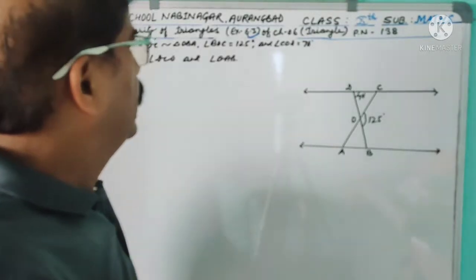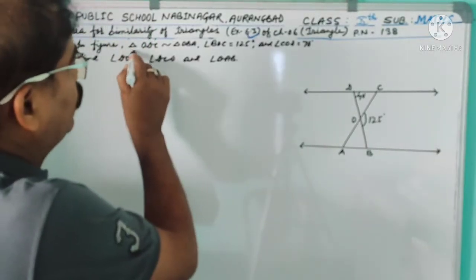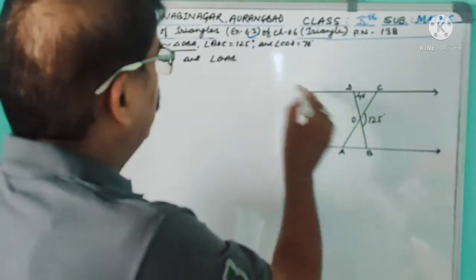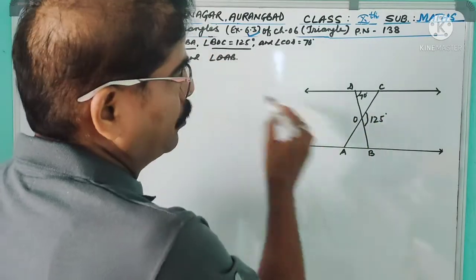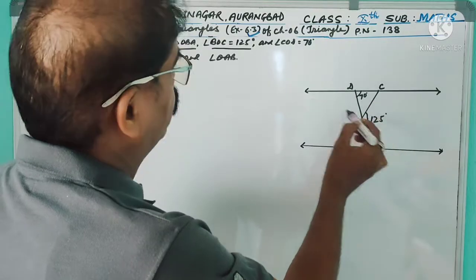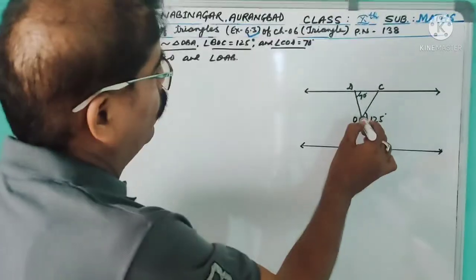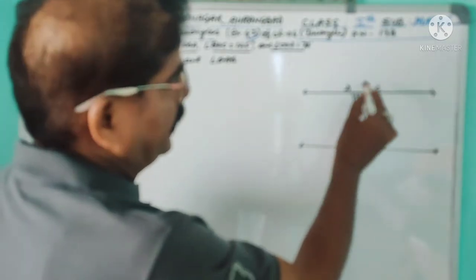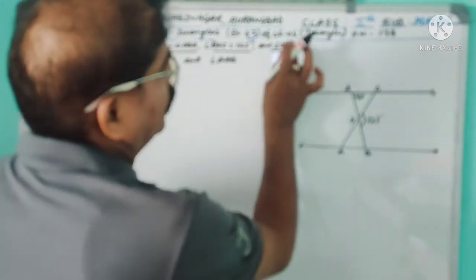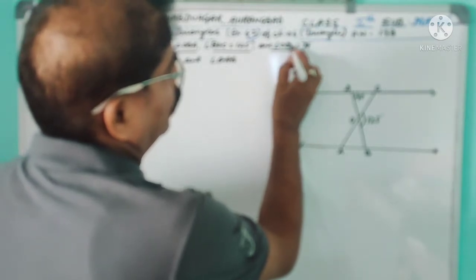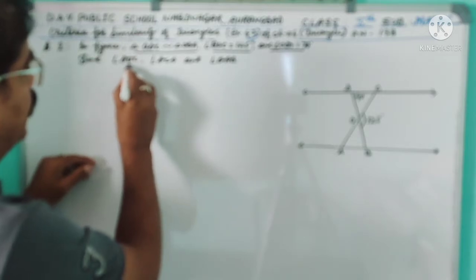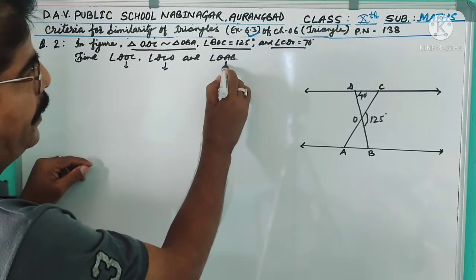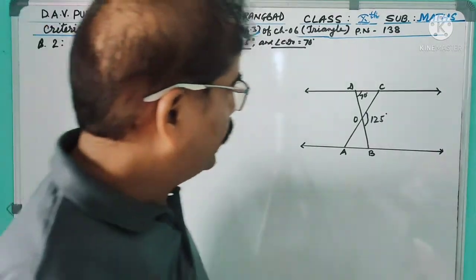In question 2, in the given figure, triangle ODC similar to triangle OBA, and BOC equal to 125 degrees and CDO equal to 70 degrees. Dear friends, find DOC, DCO and OAB.